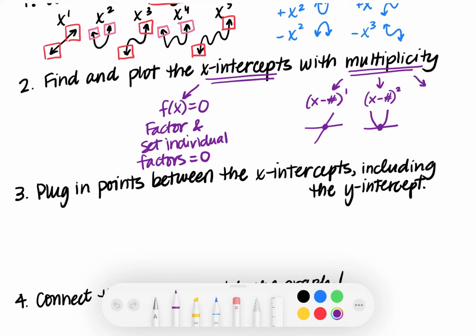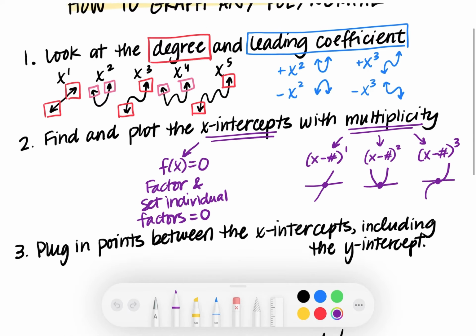And lastly, if that factor was cubed, it's going to behave more like a cubic function, and it's going to have an inflection right at that point. Our inflection is our math word for this kind of curve that happens at the x-axis, where it slows down and flattens out at the x-axis, but then keeps going.